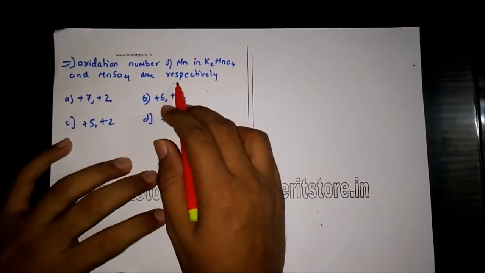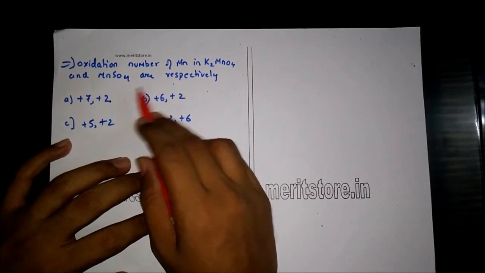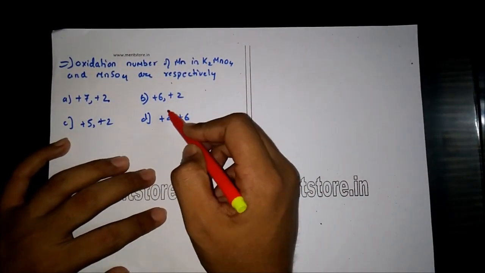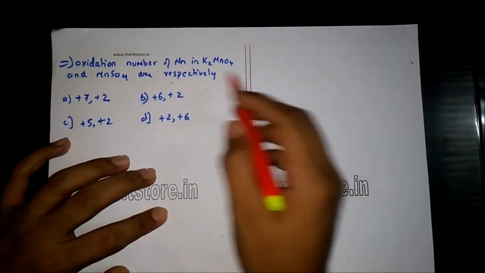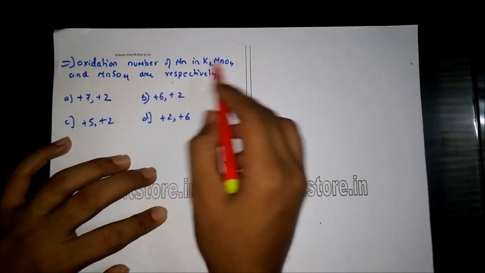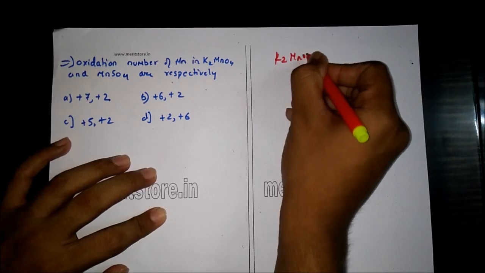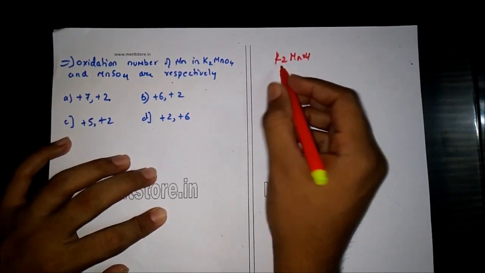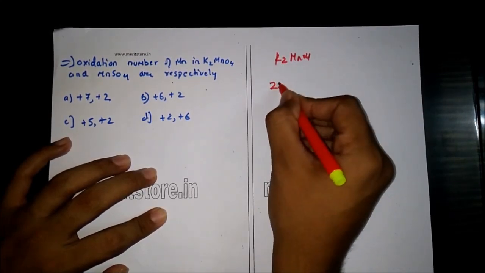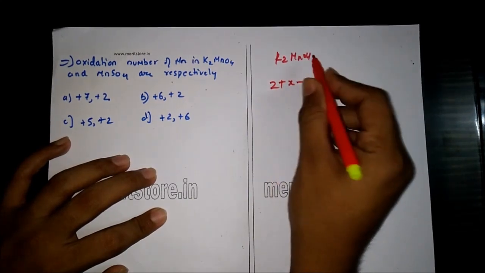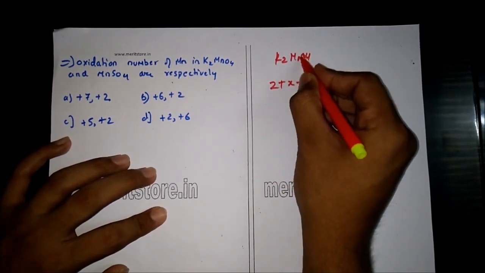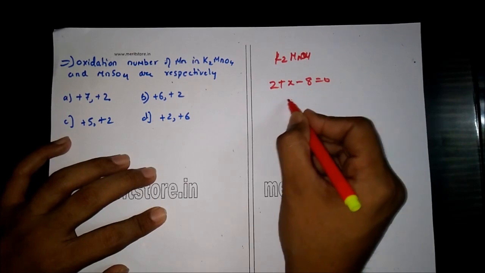Oxidation number of Mn in K2MnO4 and MnSO4 are respectively, here are the different options. Now let's assume that the oxidation number of Mn in both these compounds is X. Therefore, first K2MnO4: the oxidation state of K is 1, so 2K is 2, plus X, minus 4 into minus 2, which is the oxidation state of oxygen, gives minus 8, equal to 0.